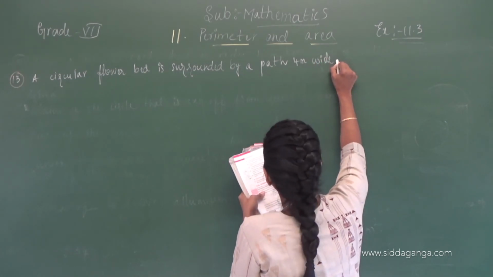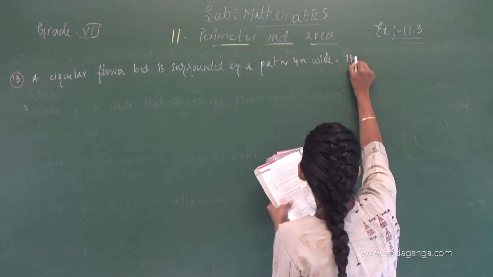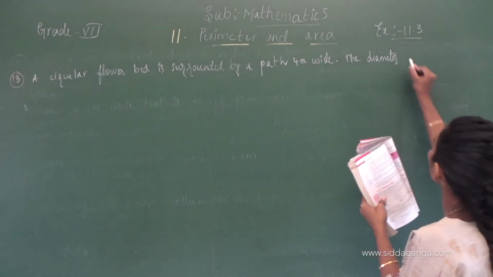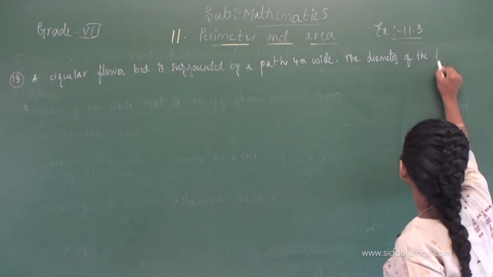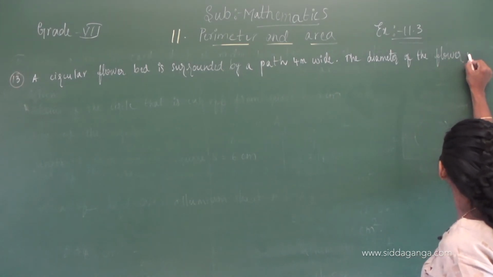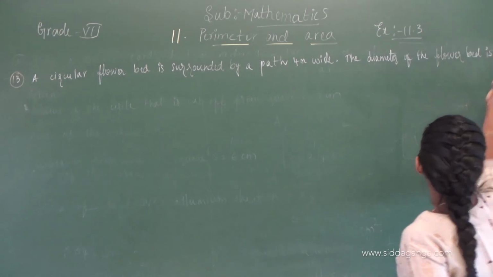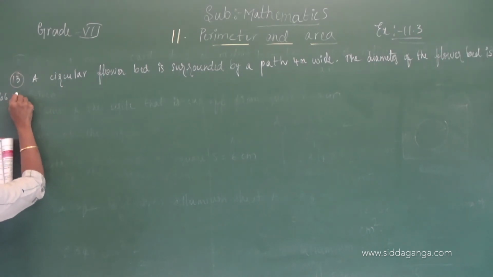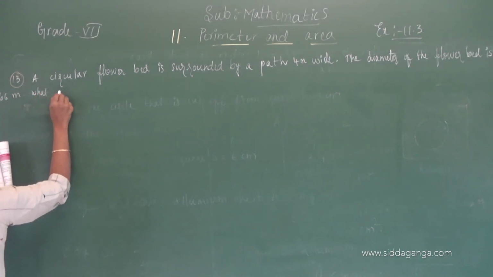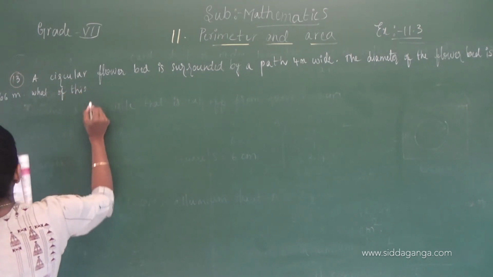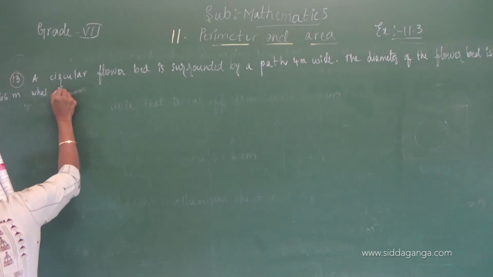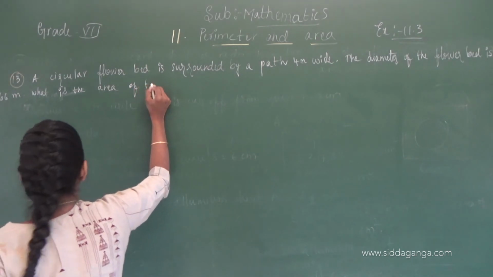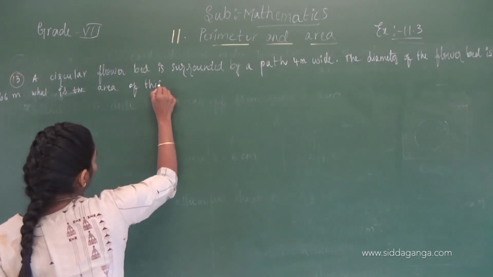The diameter of the flower bed is 66 meters. What is the area of this path?